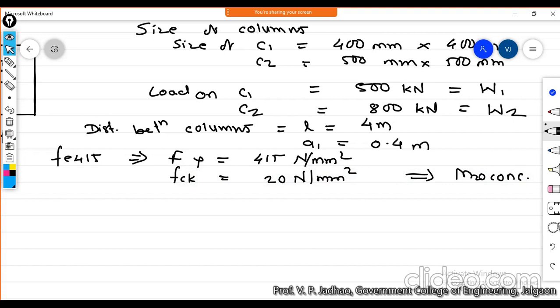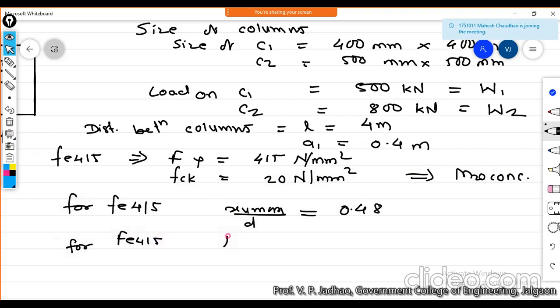Now we know that for Fe415, we have XU max upon D, that is this ratio, equal to 0.48. We also know that for Fe415, we have this RU. This value is given as 0.138 into FCK.